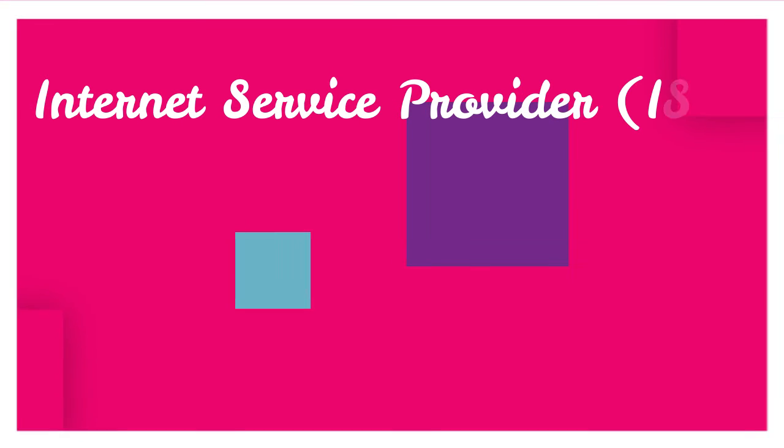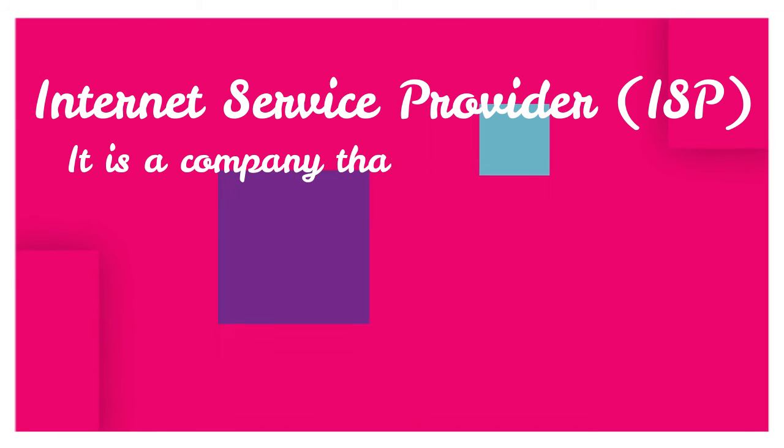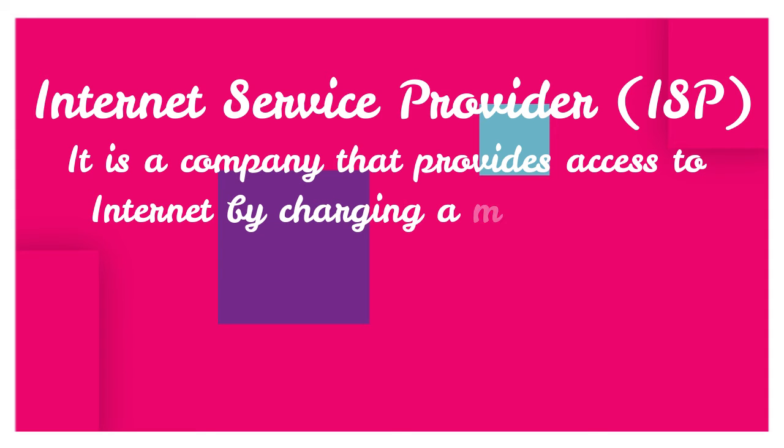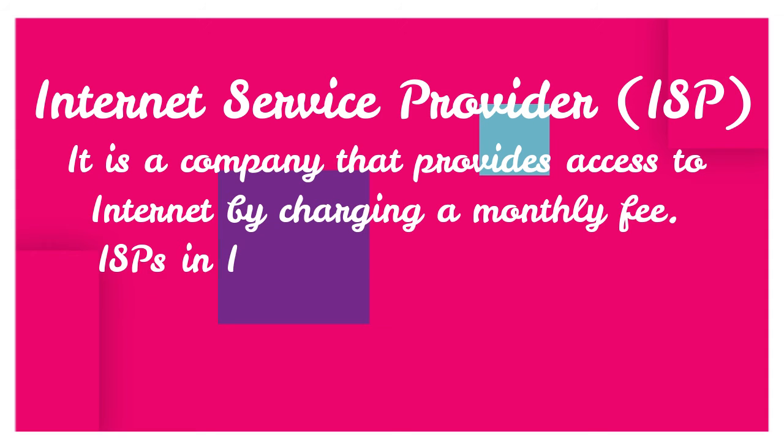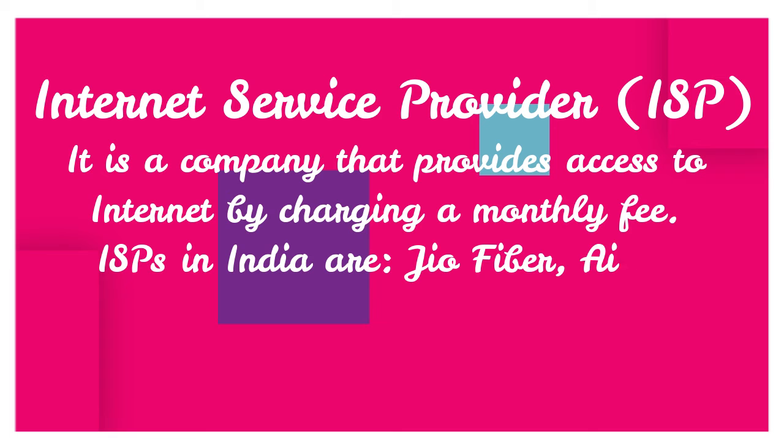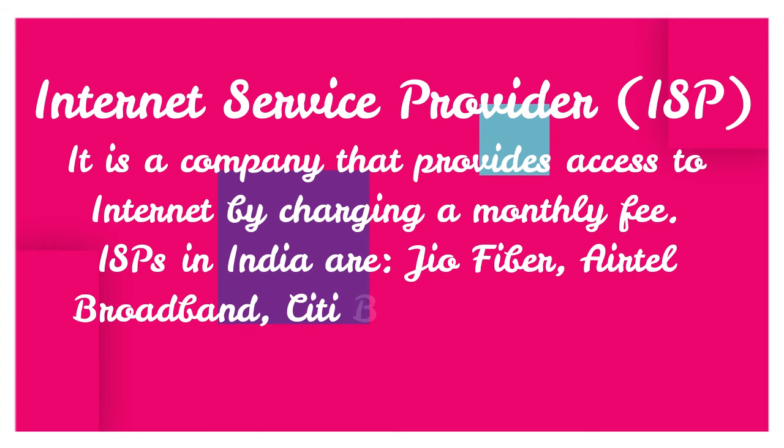The next thing that we need to connect to the internet is the access for internet. An ISP is a company that provides us access to the internet. It provides a gateway from which we can connect to the internet or the international network.